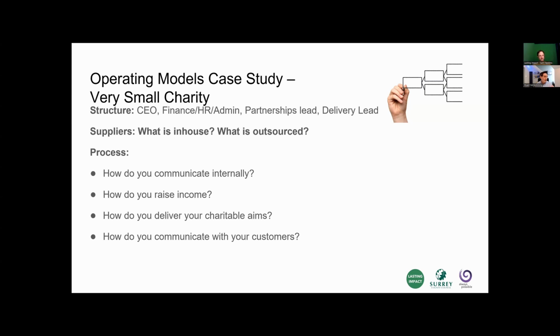So now thinking about this, I've written down suppliers here because even though your organization might only be these 4 people that I've mentioned, there's probably some outsourced services that you've got. So most obviously, probably you've got an accountant of some sort, and they may well be using software and technology in some way.